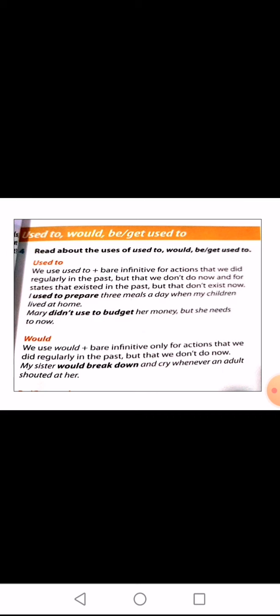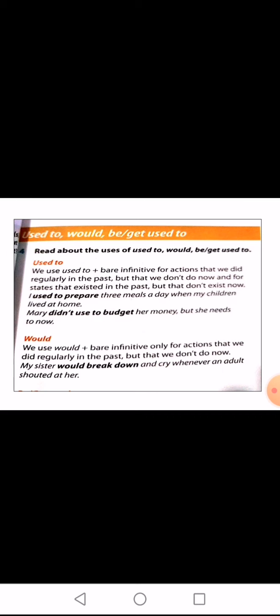Another example: Mary didn't use to budget her money but she needs to now. It means Mary did not make a budget for her money, but now she needs to. Remember, with used to we should use verb 1.